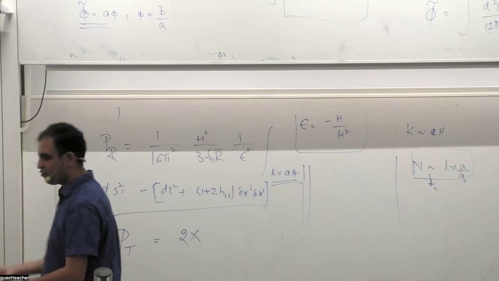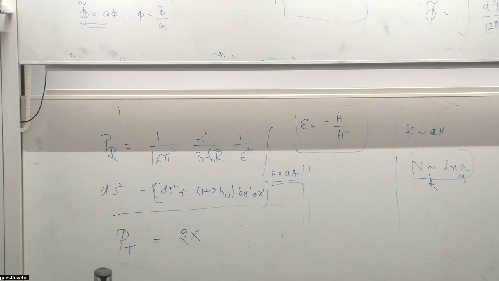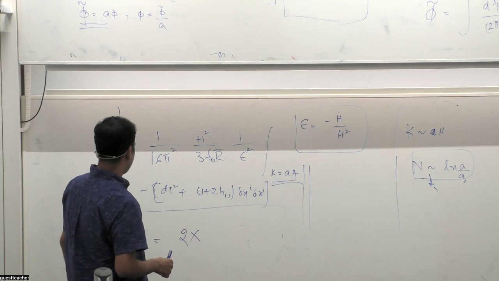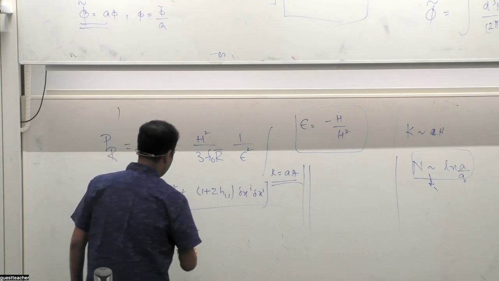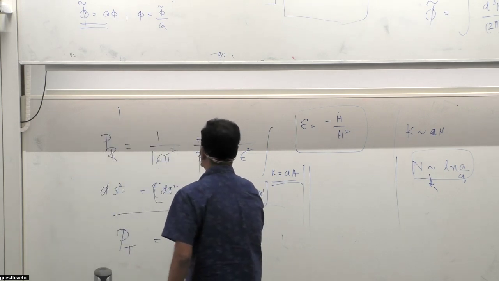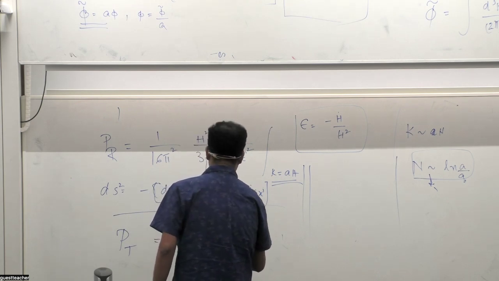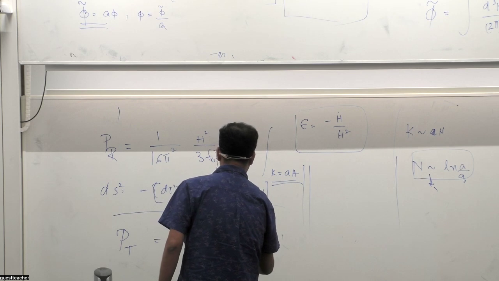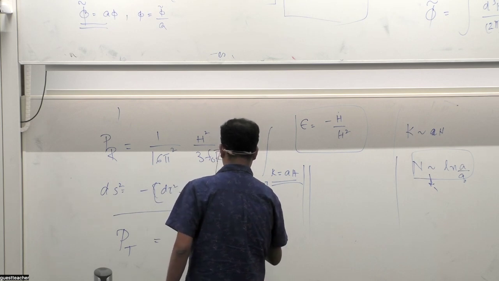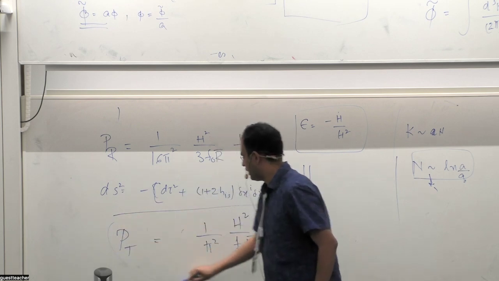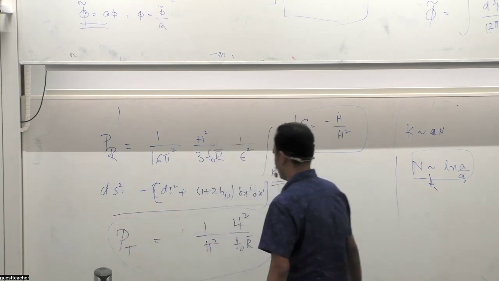You get similar equations, which I'll skip, but the details are in the notes. So the end result, after you multiply this factor of 2, is 1 over pi square f0 r bar h square. That's it. This is what you get, the tensor power spectrum.